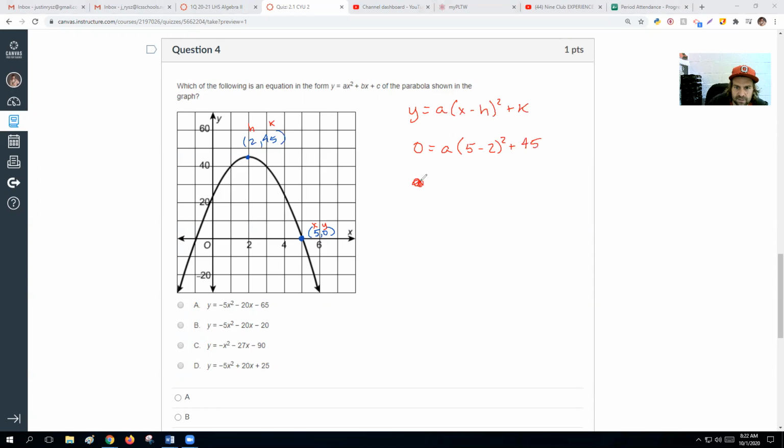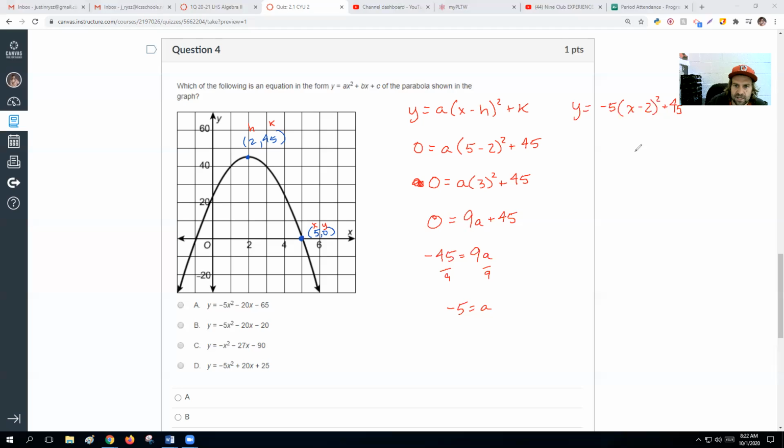So we get 0 equals a times 3 squared plus 45. So 0 equals 9a plus 45, minus the 45, divide by 9. All right, so a would equal negative 5. So the vertex equation is y equals negative 5 times (x minus 2) squared plus 45.